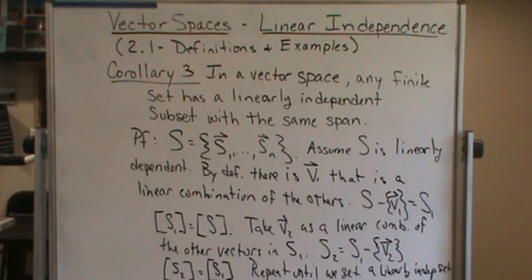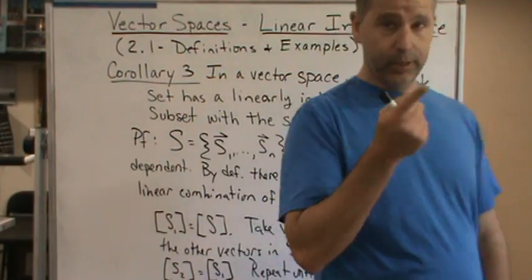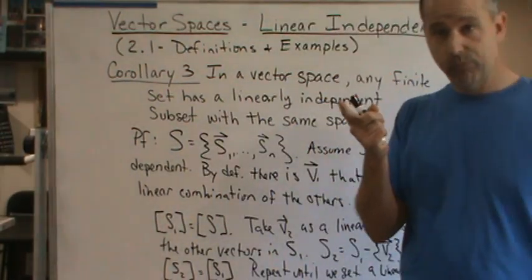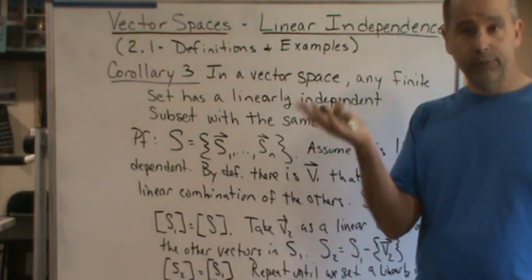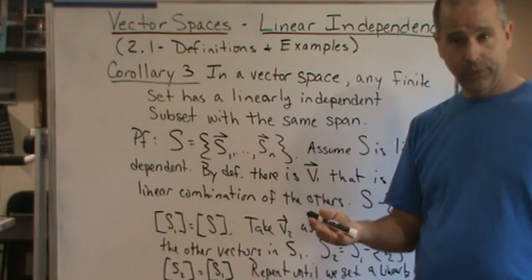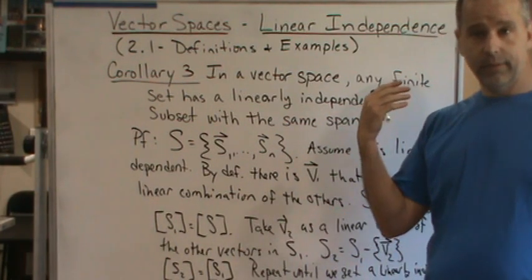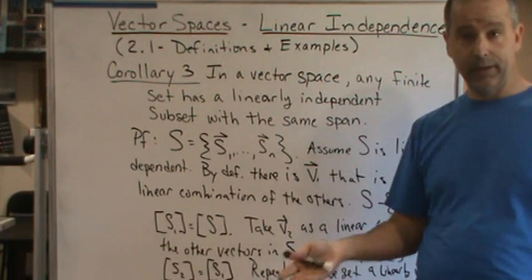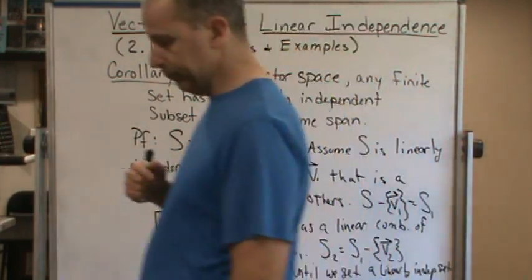Now, here's the thing. It must stop eventually, because one, we have a finite set, and two, if we kept going until we had the 0 vector, then that itself would be linearly independent. So eventually we'll stop.